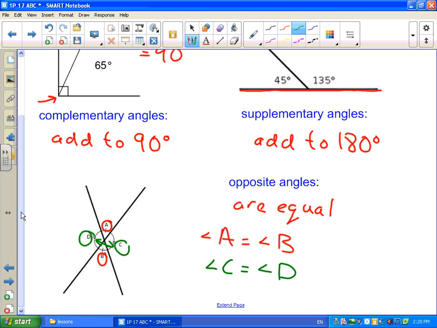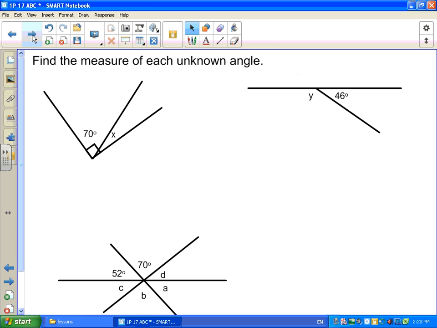And we want to be able to use those 3 properties if we're given a picture to solve for unknown angles here. So in each of these pictures, we want to solve or find the measure of the unknown angle. Okay? So in this first picture here, we've got a 70-degree angle and we've got x. We want to find how big angle x is. Now, what do we know about the 70 degrees and the x from this picture?